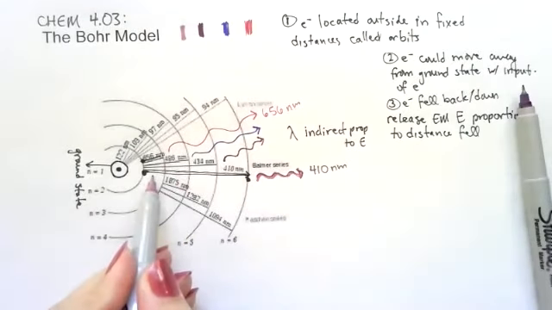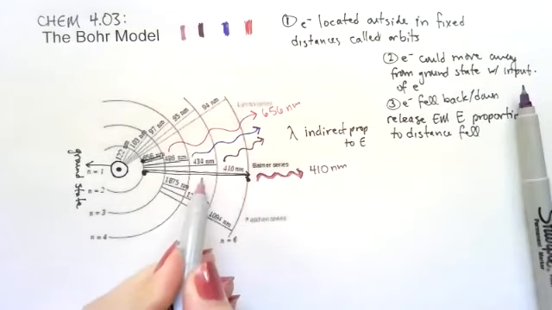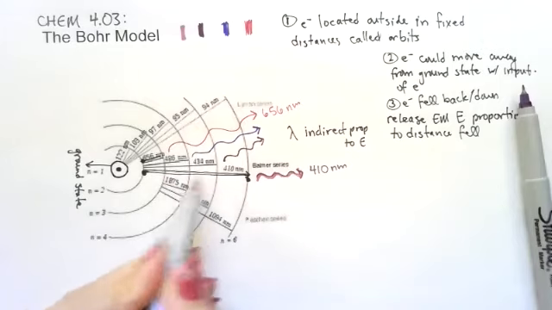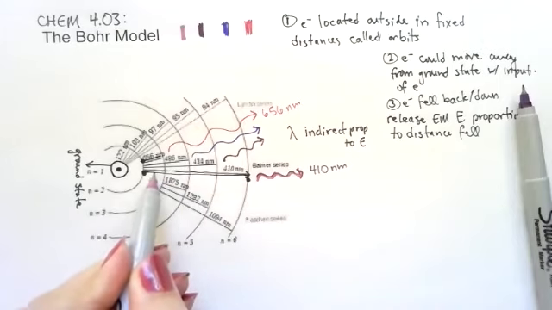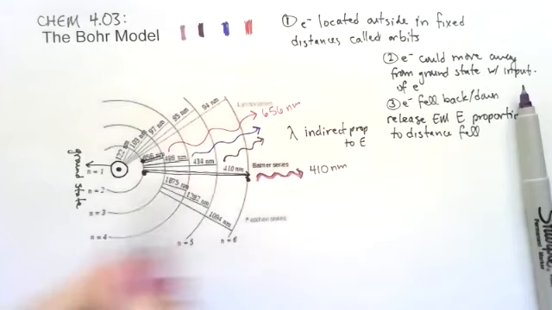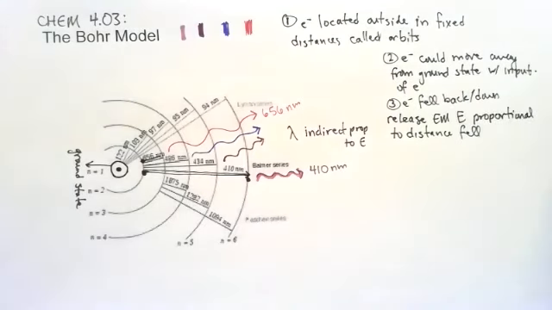Now, if an electron could fall from here to here, it's going to produce green. If it could fall from here to here, it's going to produce yellow. But it can't do that. It can only fall back to these fixed places. And this was huge because it showed scientists the general structure of electrons, and that these guys were actually pretty advanced.